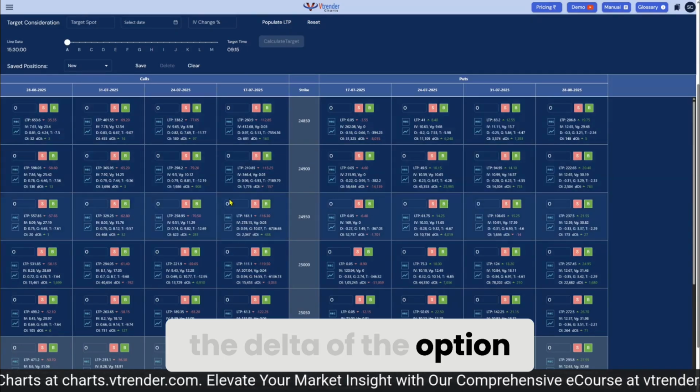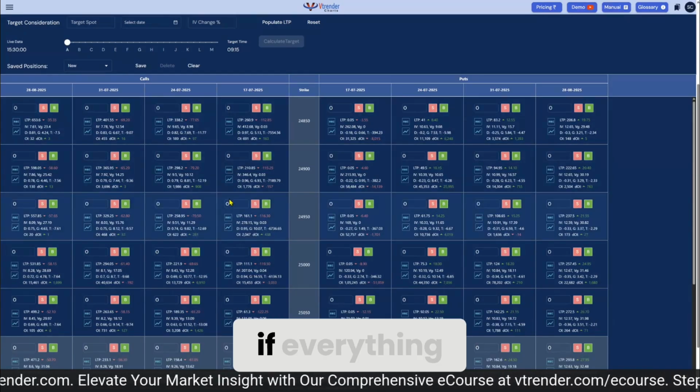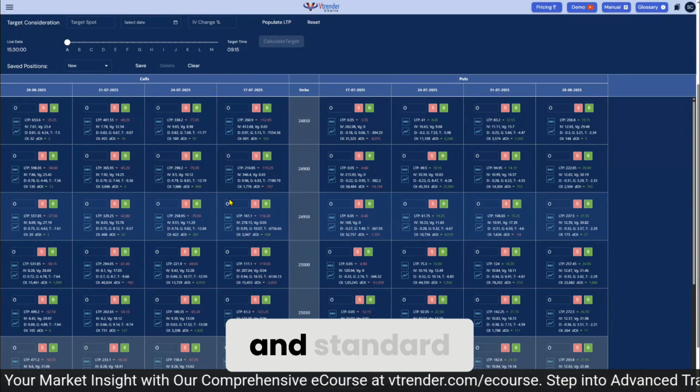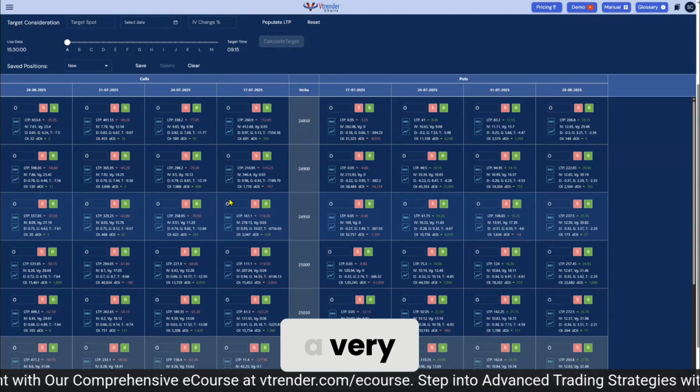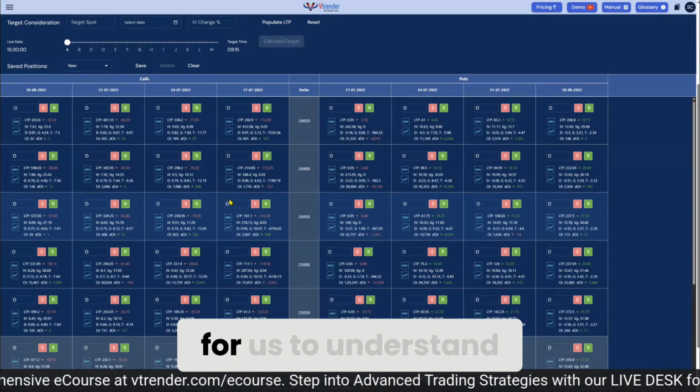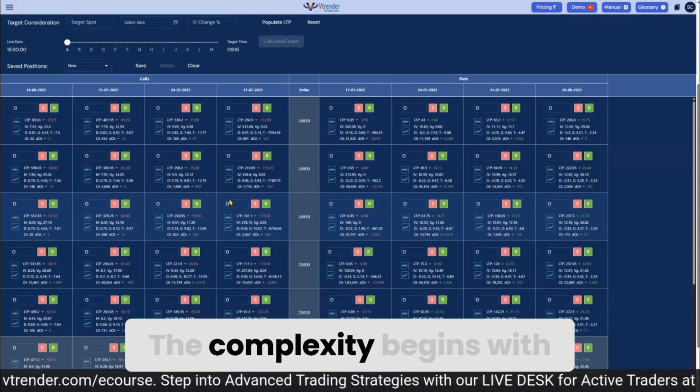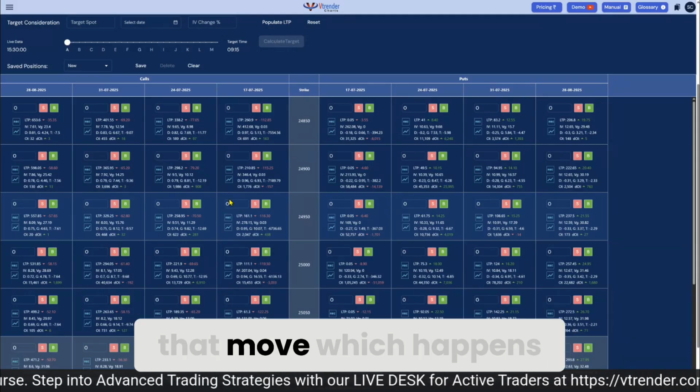With the movement of the underlying, the delta of the option moves. But if everything stopped here and stayed standard, it would have been very simple probability math for us to understand. The complexity begins with that move which happens.